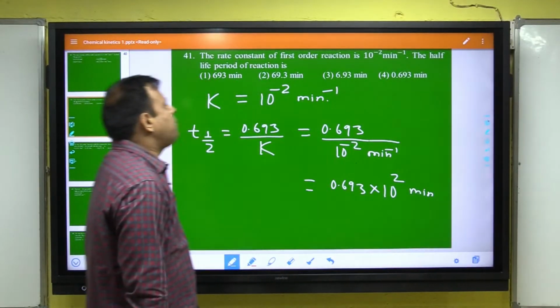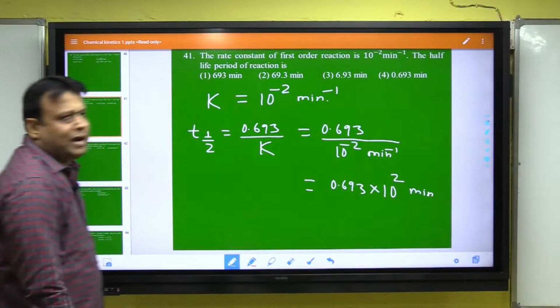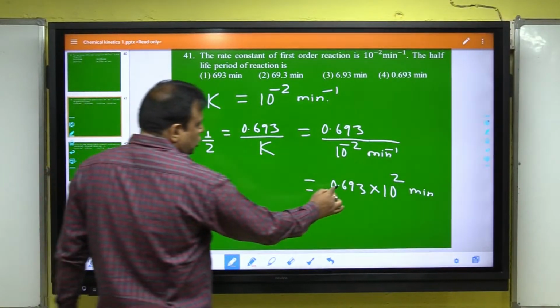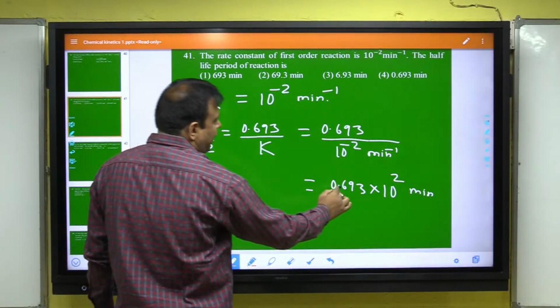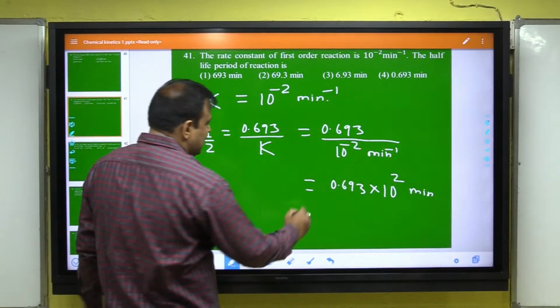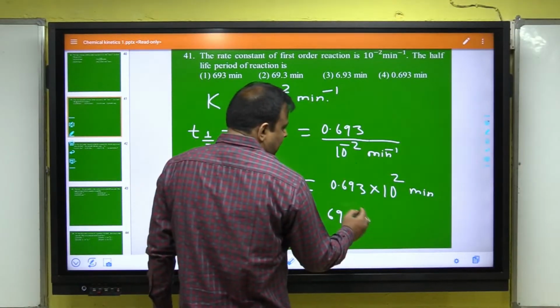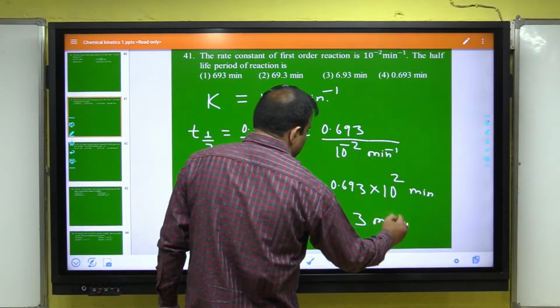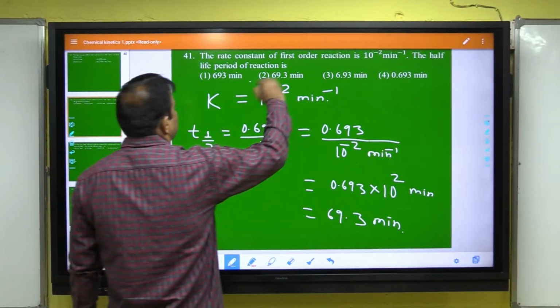Now, according to option, listen, 0.693 and 69. When 2 decimal, 2 position right, then it will be 69.3 minute. Yes, and answer will be second number.